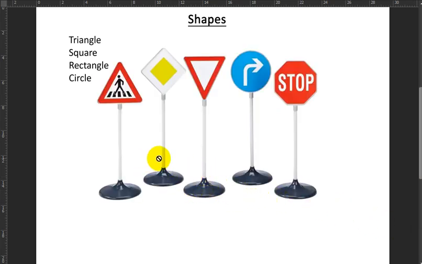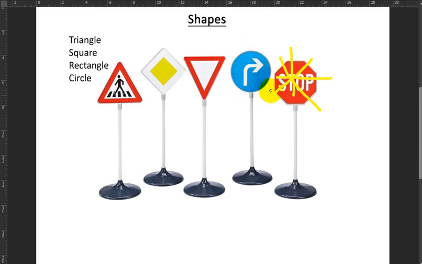Next up, we have some signs that we see in our everyday lives. This shape right here is an octagon. That's what I would call it, but we haven't talked about that yet, so we're not going to talk about it now. So first up, we have this shape, which, as you can tell, is a circle.